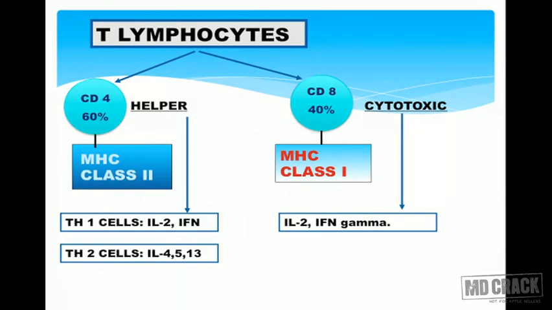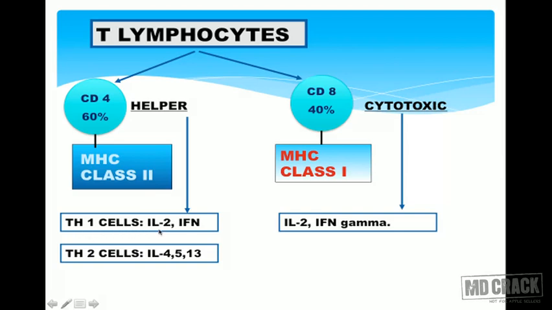So two subsets of T lymphocytes you should remember. The most important is the CD4 T lymphocytes, also known as helper T lymphocytes. So see this summary of the T lymphocytes. CD4 T lymphocytes will classically bind to the MHC class 2 molecules. The CD4 T helper lymphocytes are again of two types, T helper 1 cells and T helper 2 cells.